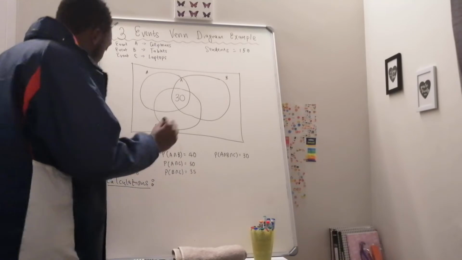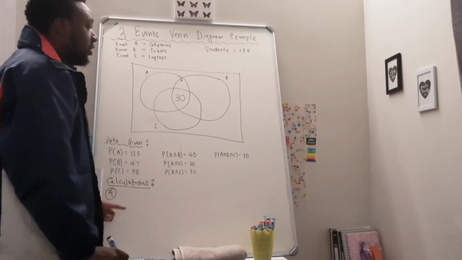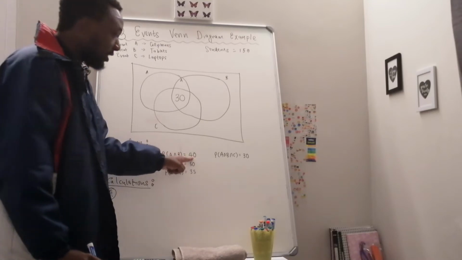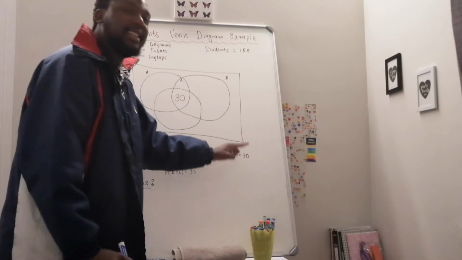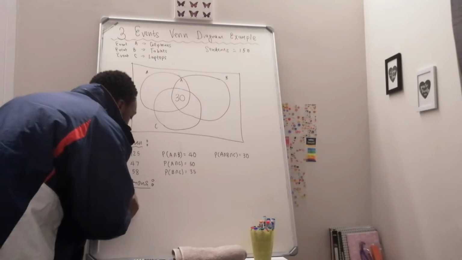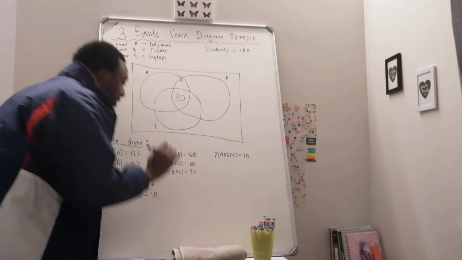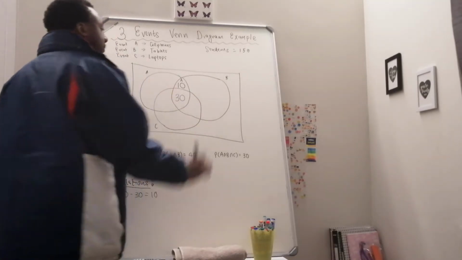So I'll take the 40 where A and B intersect and subtract the A intersecting B intersecting C. 40 minus 30 gives me 10. I can already put the 10 there.